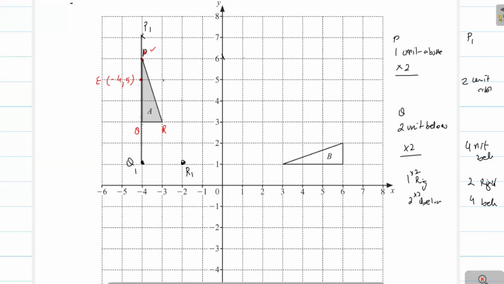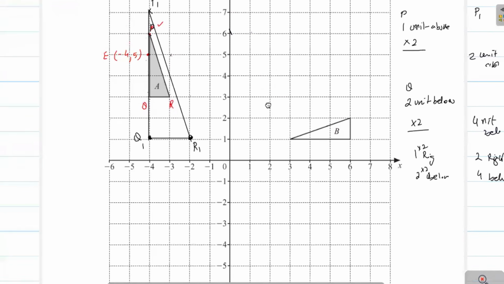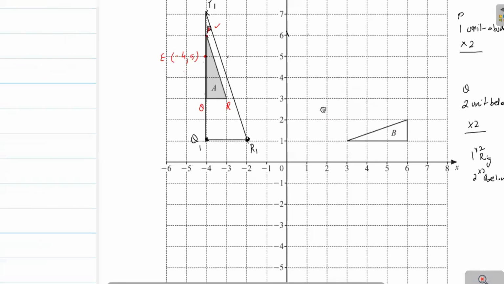We get the triangle P1, Q1, R1, and this is the enlarged figure of object A having a scale factor 2 with center minus 4, 5. Now we see the coordinates of these image points.